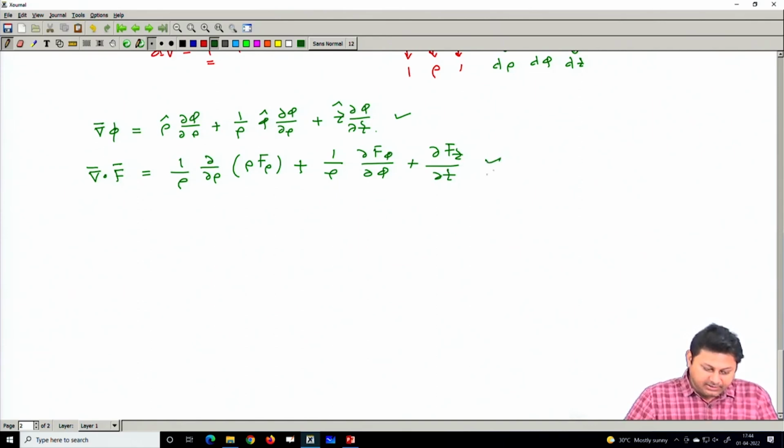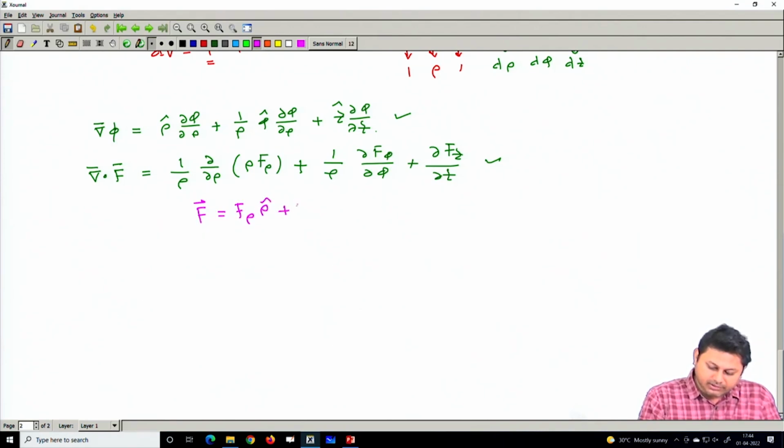And finally, the Laplacian. Mind it, f is defined in this way: f rho rho unit vector, plus f phi phi unit vector, plus f z z unit vector.